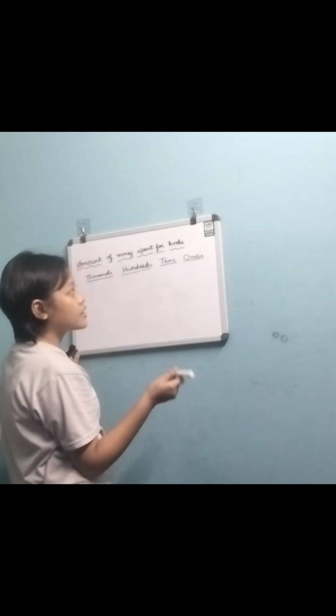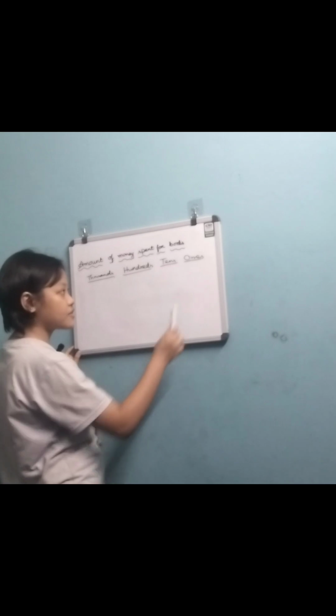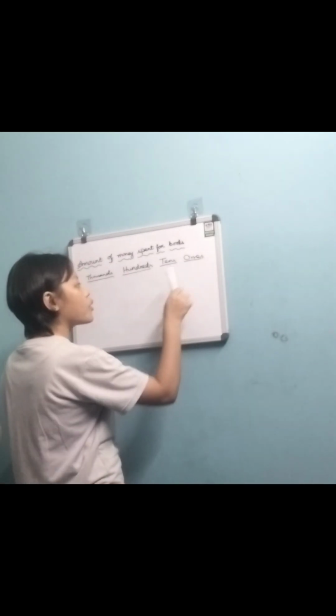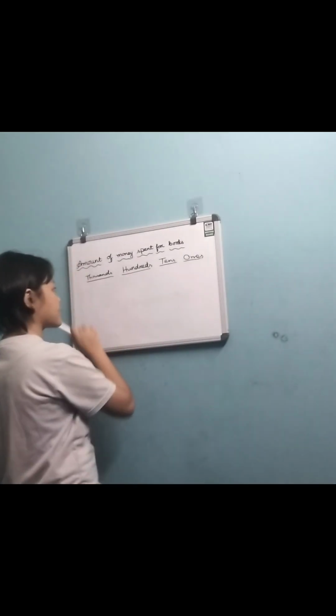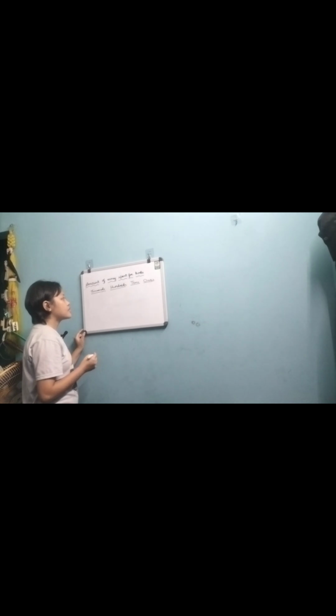And always remember that while counting the numbers, we have to start from our right hand side: ones, tens, hundreds, thousands, like this. And here, let's see how much money she had spent on her books, for rupees 1,270.